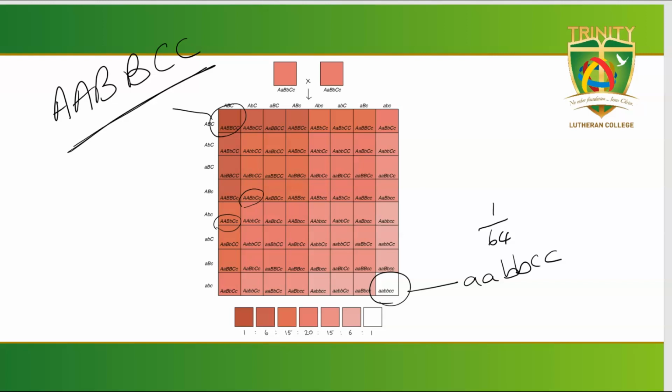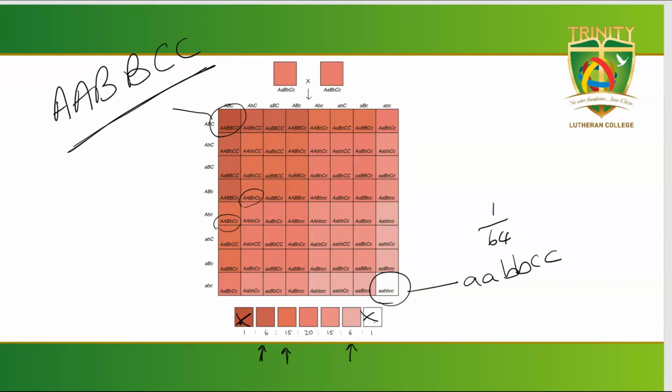So you end up with one way of getting each of the homozygous, but there are 6 ways of getting the two either quite dark or quite light.